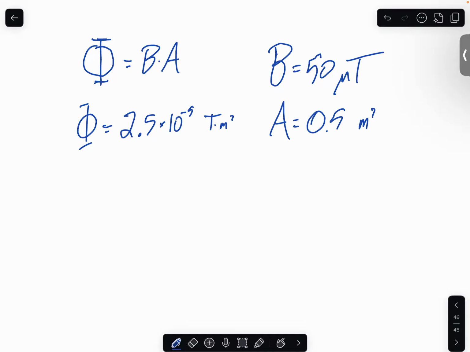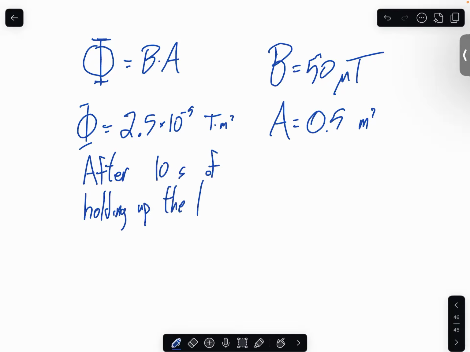I'm going to ask you, after 10 seconds of holding this here, how much voltage is induced in the wire?